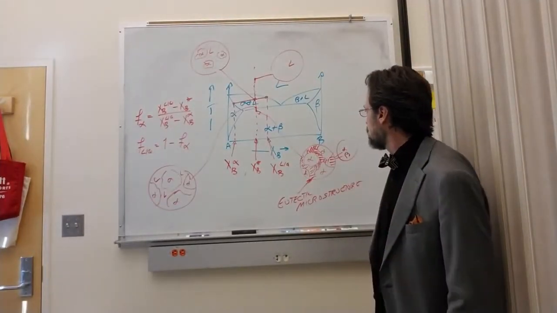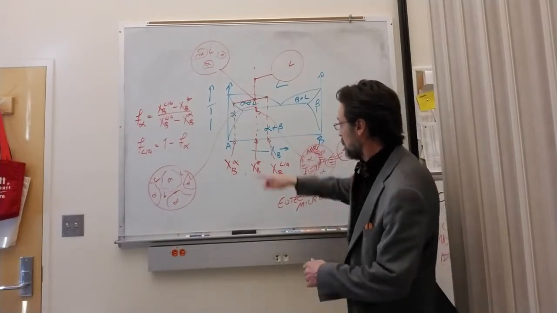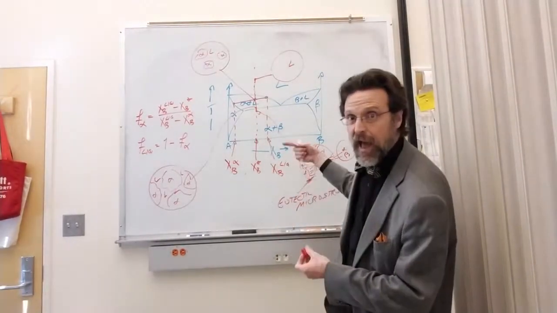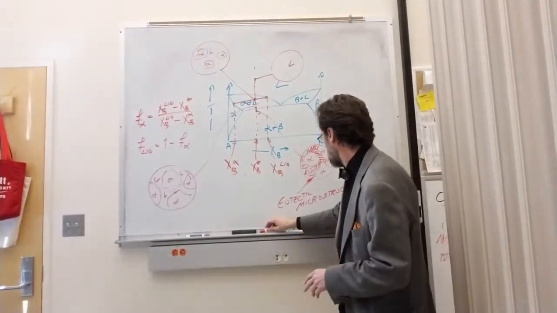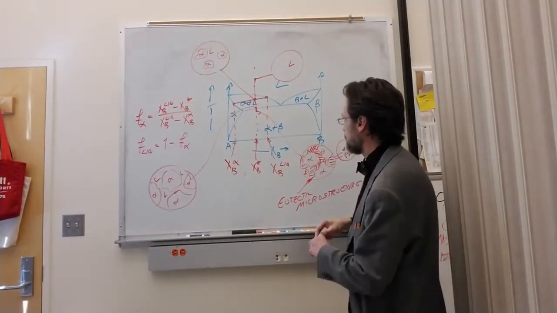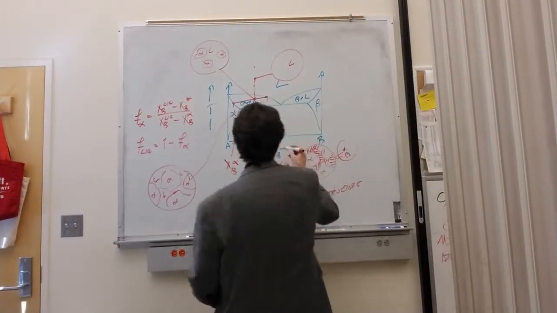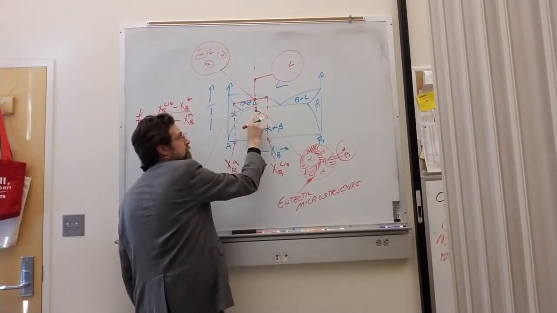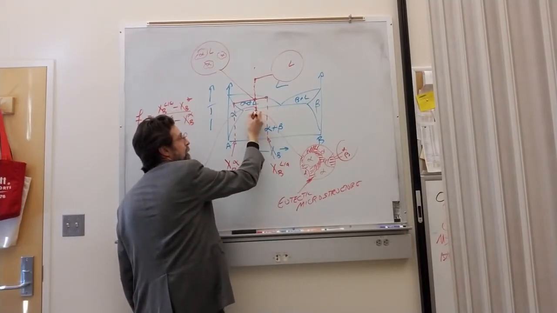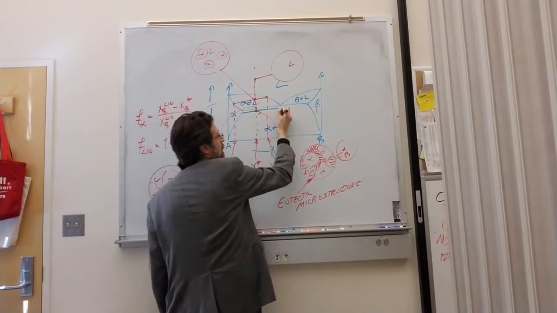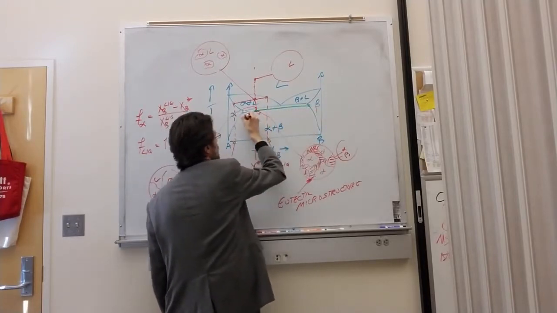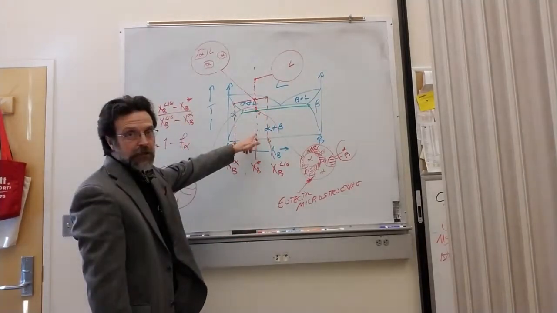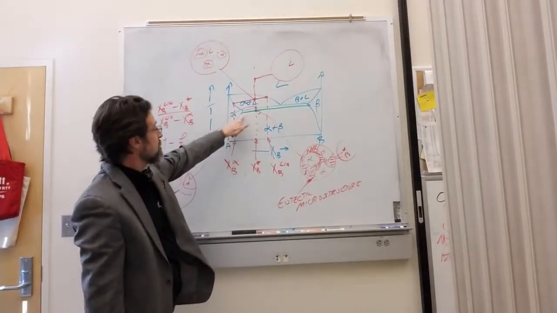And again, once we're below that, we can figure out how much beta phase is present. So we could do something, for example, drawing a horizontal line through our point where the horizontal line touches the boundaries.